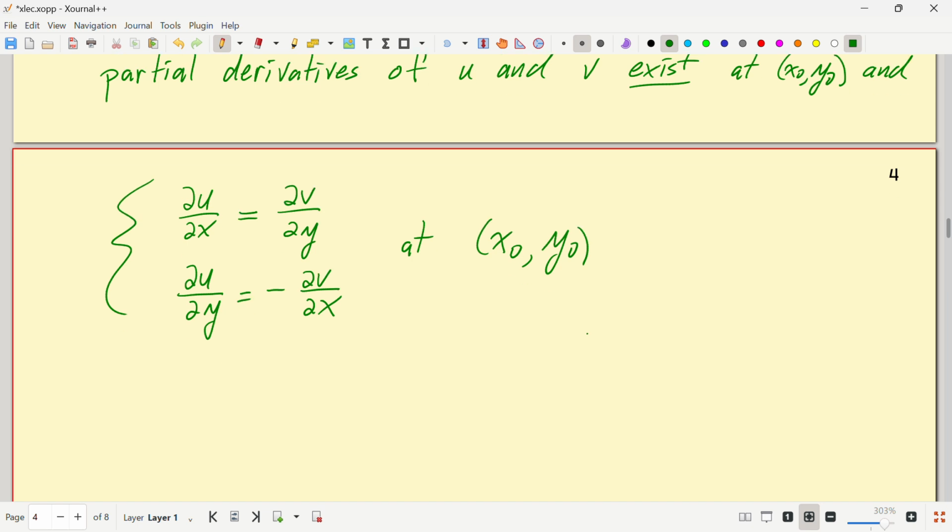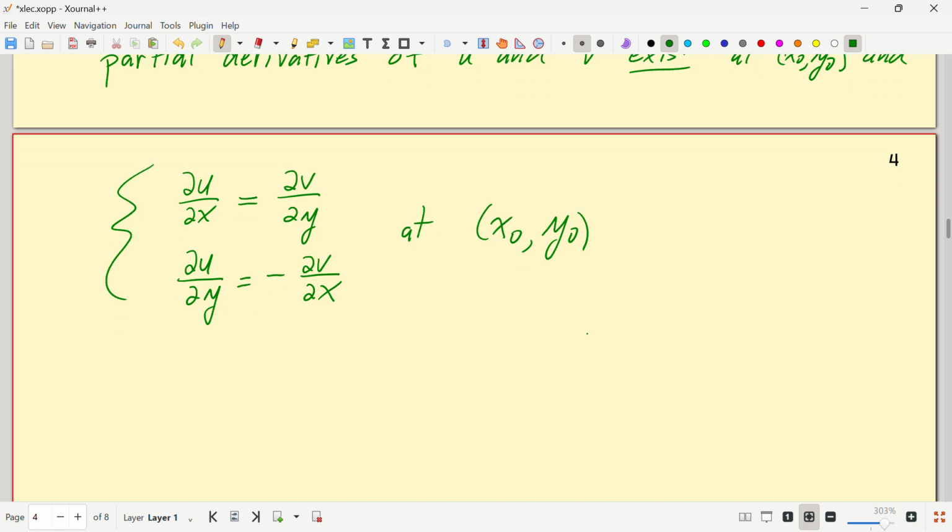Okay. Some standard notation that's going to make all the writing more efficient.